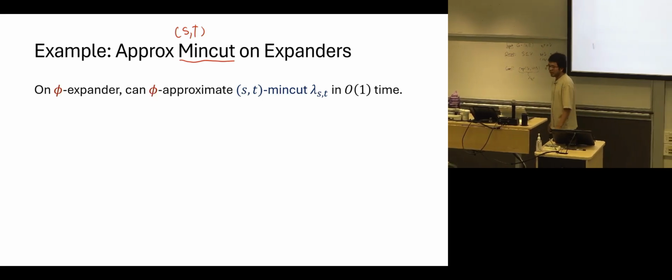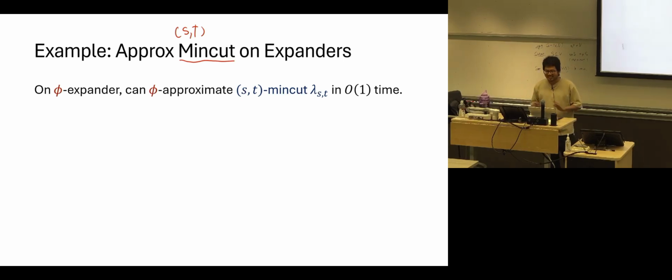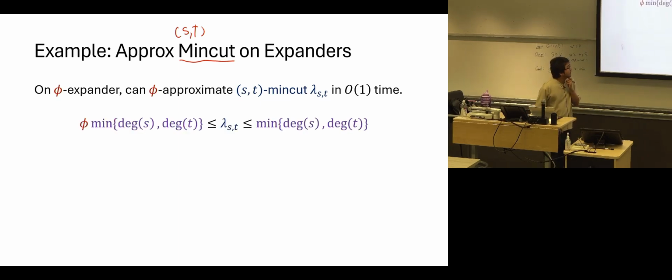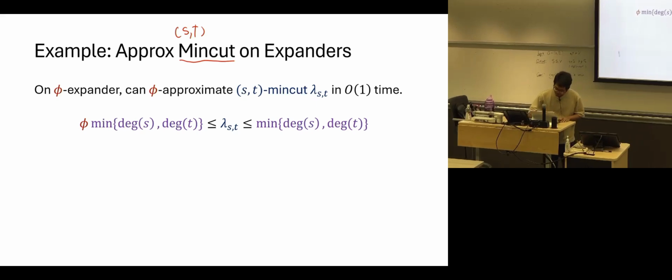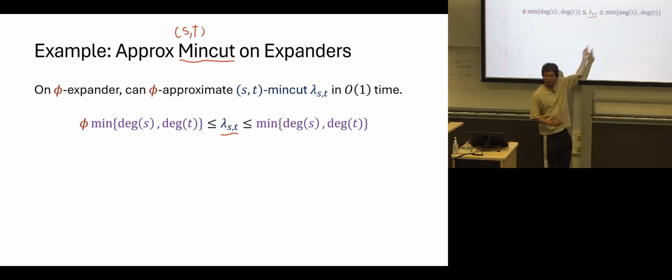Now on expanders, I claim that I can approximate this value in constant time. You don't even need to do much. The reason is that this value, lambda st, is sandwiched between two values that are very easy to compute.